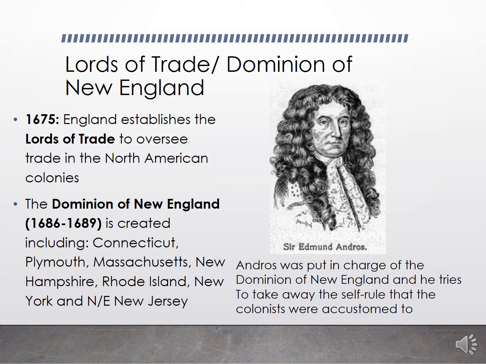Because remember, when you're talking about an economic system called mercantilism, you want to ensure that all of those riches are circulating back to the mother country. And as I mentioned in the previous lecture, the reason why that didn't always happen is because New England had very close proximity to other colonial powers like France, for example, but also the Dutch and also the Spanish.